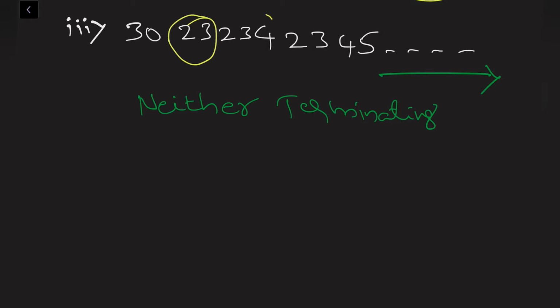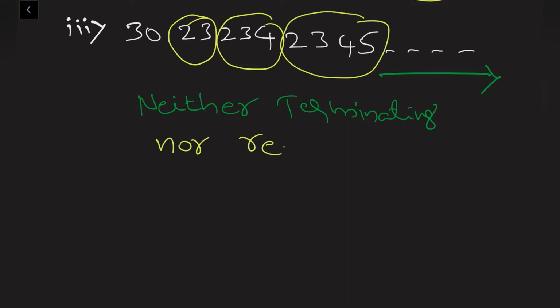Here 2 3, here 2 3 4, here 2 3 4 5. Next will continue 2 3 4 5 6, then 2 3 4 5 6 7. So it is not following any particular pattern. As we move on, it is increasing digit by digit. So no particular pattern, then neither terminating nor repeating. The decimals which are neither terminating nor repeating are irrational numbers.